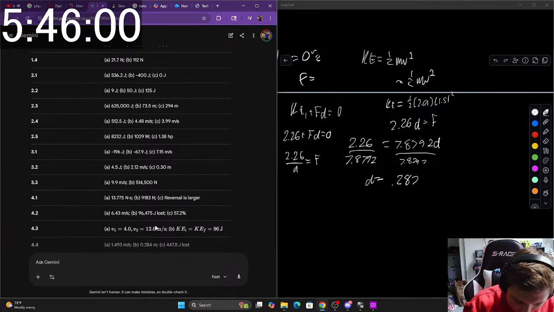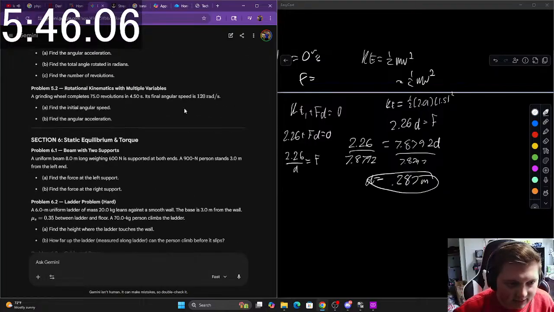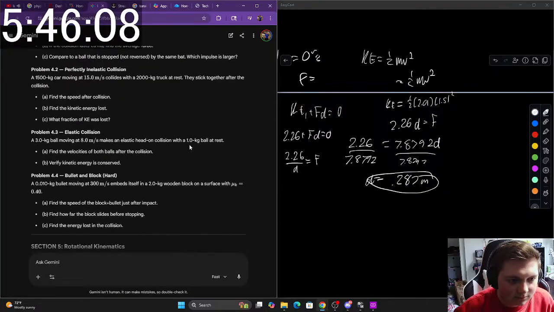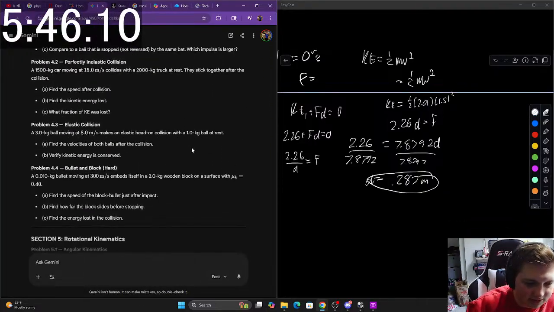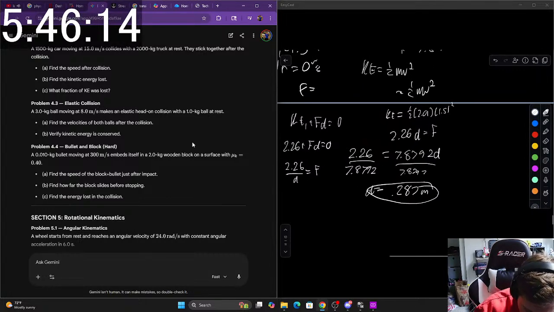That's what my calculator gave, but I'm guessing they just did a different rounding thing that I don't do. To find the energy lost, well, it starts out this much, so it'd just be the 1/2 mv squared, right?